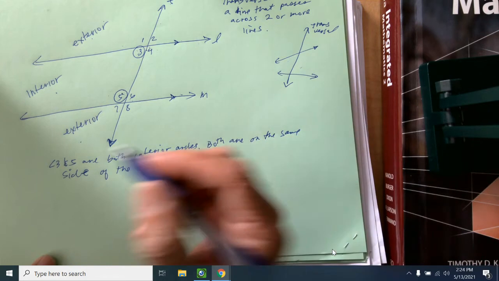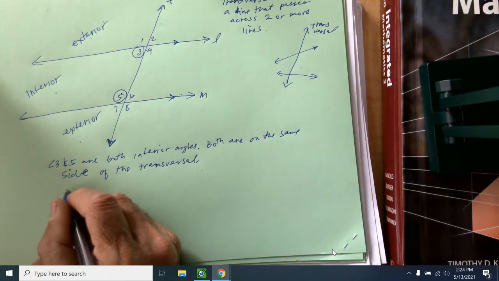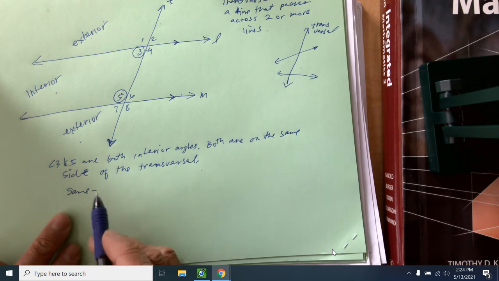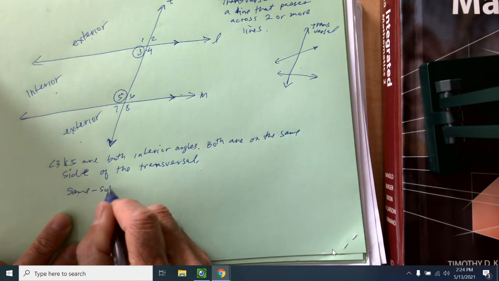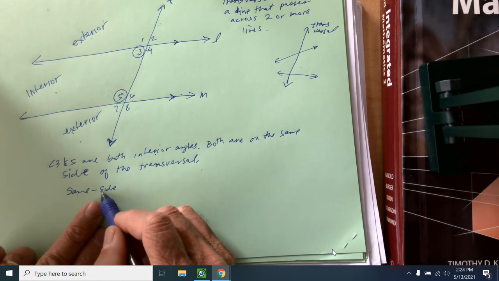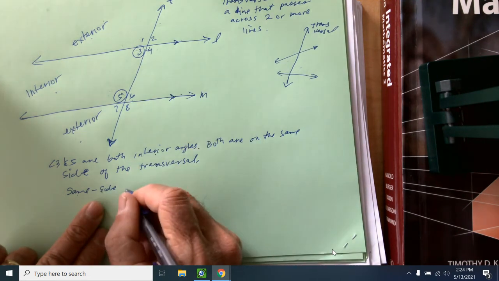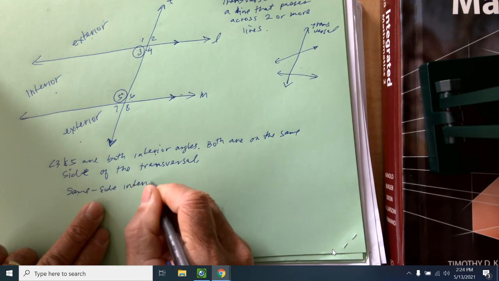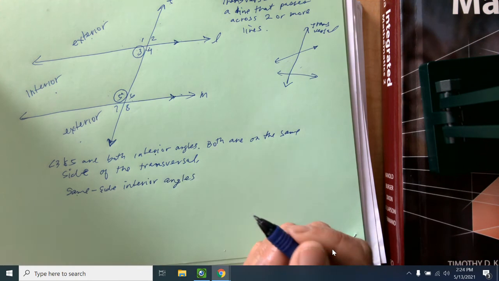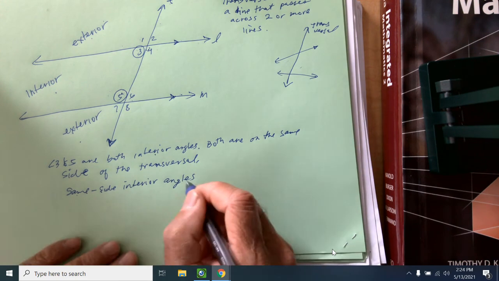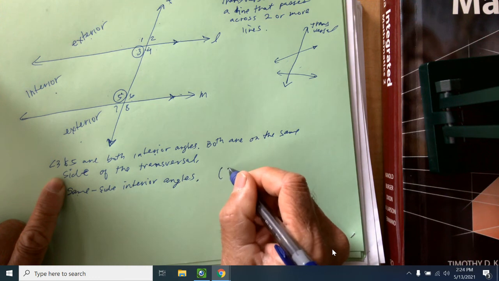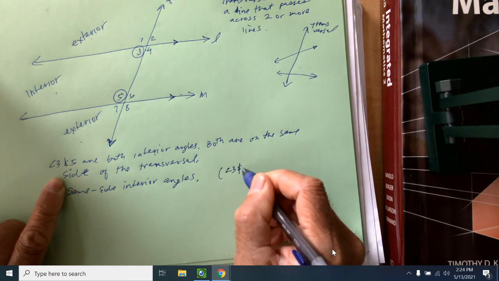Okay? That makes them, we're going to write same side. Now they're interior angles, right? So they're on the same side of the transversal, same side interior angles. Okay? So that's angle 3 and angle 5.